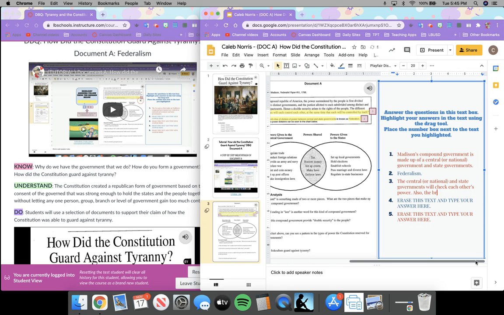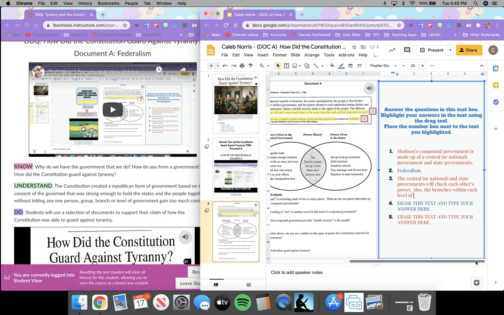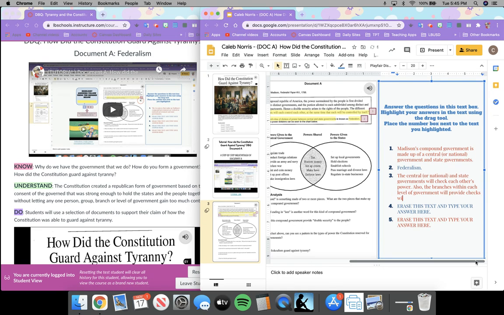Also, the branches within each level of government will provide checks within that level.